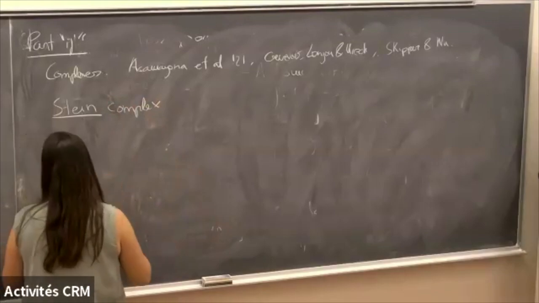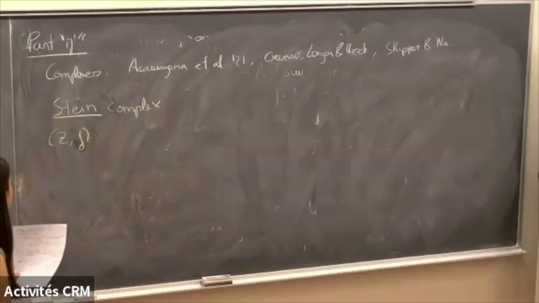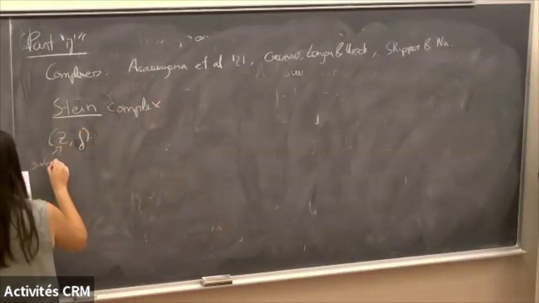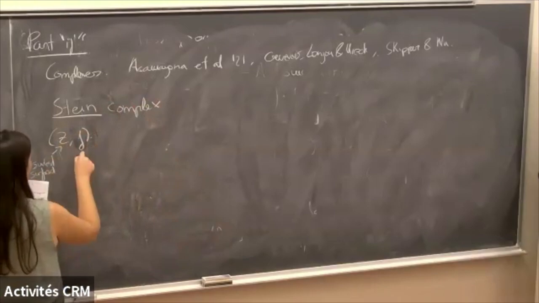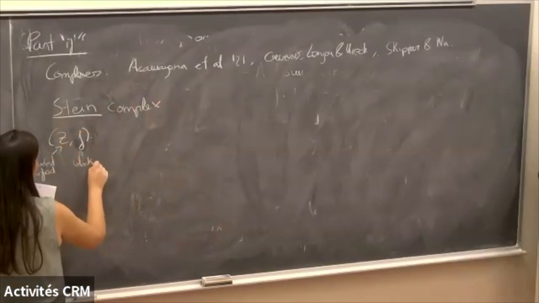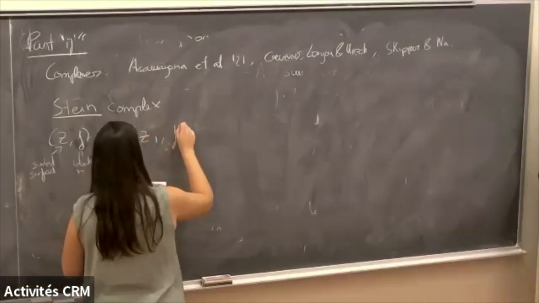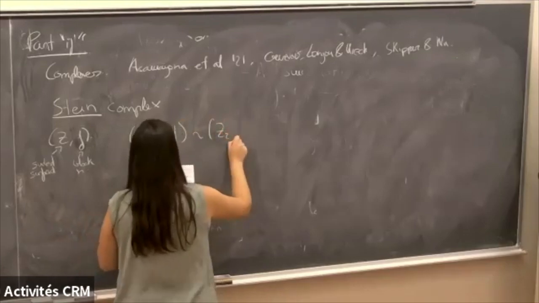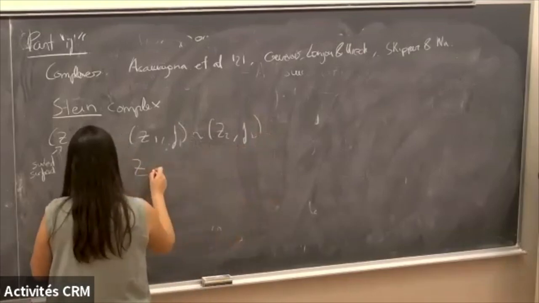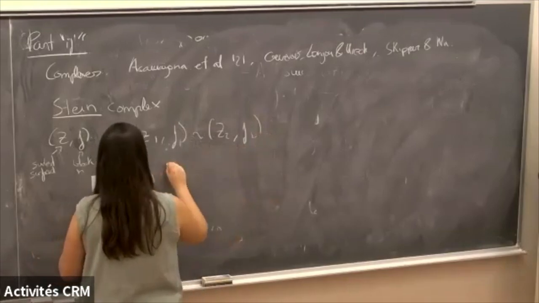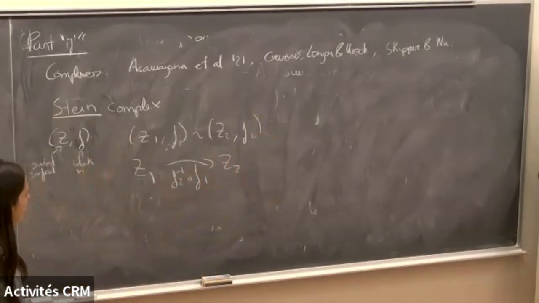We have to define it. Our vertices will be equivalence classes of pairs like that. These are surfaces, suited surfaces, and this is a block homeomorphism. And we will say that two pairs are equivalent if one can take Z1 to Z2 via F1 composed with the inverse of F2.